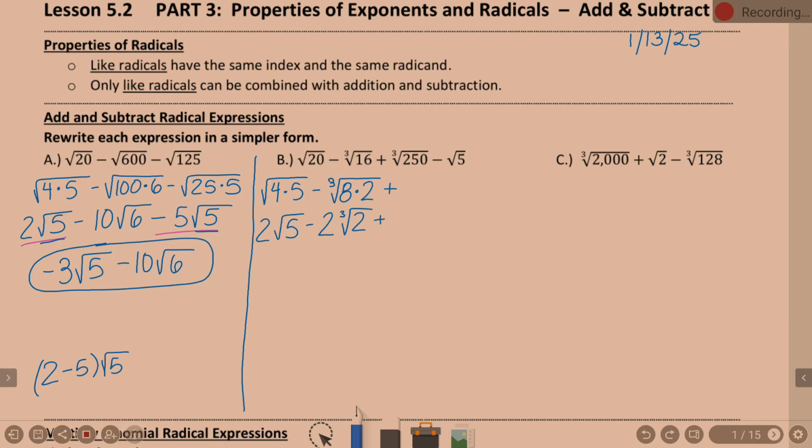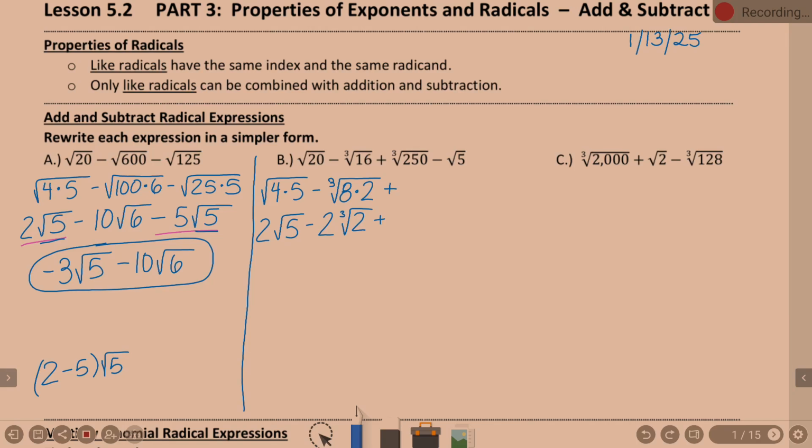Cube root of 250. Well, now we're getting big. First thing I'm doing is I'm going to my calculator, my blue paper. Is 250 a perfect cube? It is not. So start looking. Does 250 divide by 216? Does it divide by 125? Does it divide by 64, 27, 8?